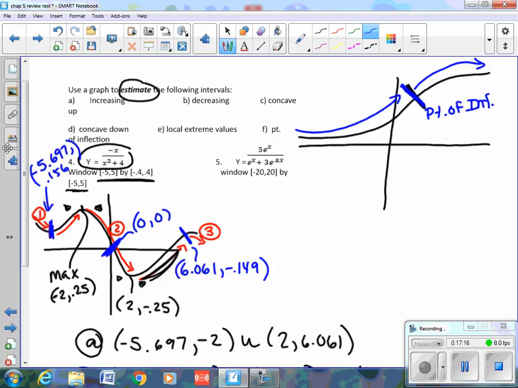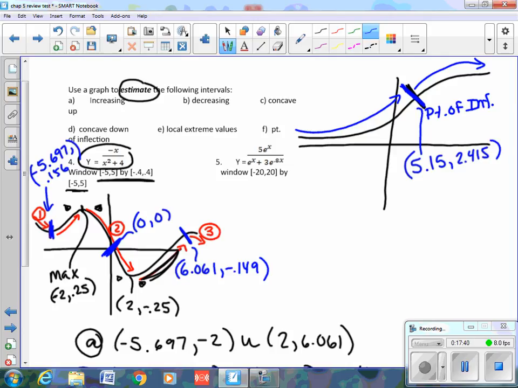Use your trace and just start tracing till you think approximately on your calculator what the point of inflection is. You can have totally different answers than the person next to you as long as it's approximately about where I'm at, 5.15 and 2.415 is what I got. So that's called my point of inflection.